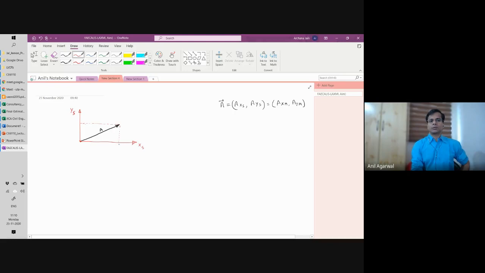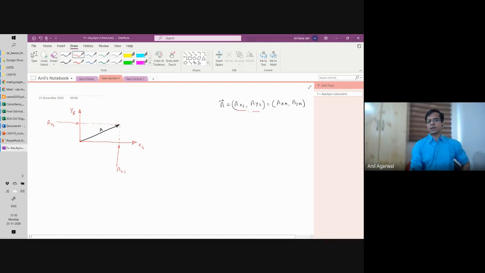Now this vector would have two components. What will be the value of this component here? It's the projection on the x-axis, right? So when it is a projection, that means this angle is 90 degrees, obviously. That's how we define these vectors. So this A value will be equal to AXS, AYS. This value here is AXS and this value here is AYS.